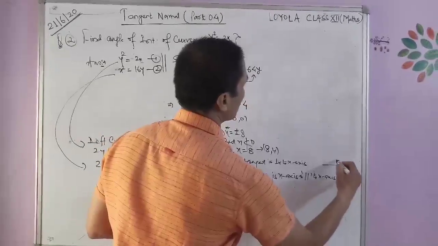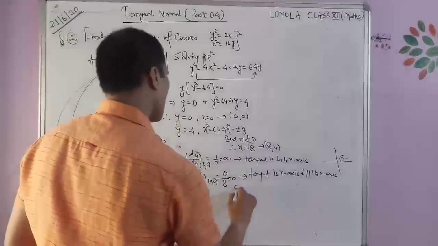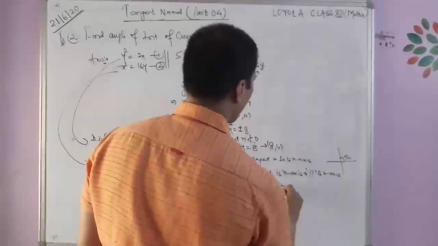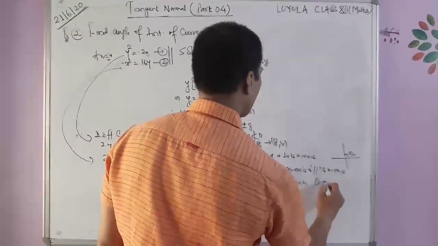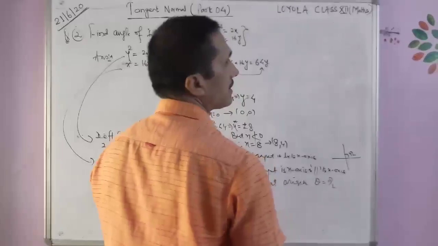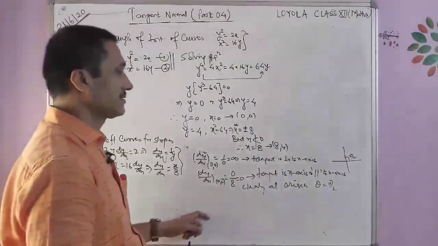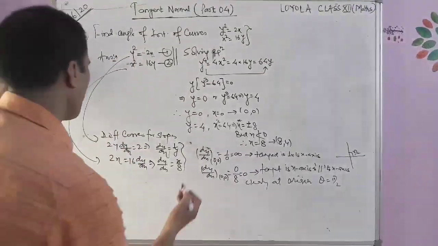This is the situation of the tangents. Clearly, at the origin theta equal to pi by 2, that is both curves intersect each other orthogonally.